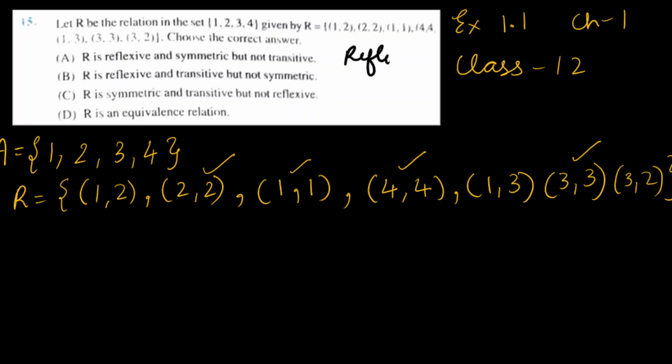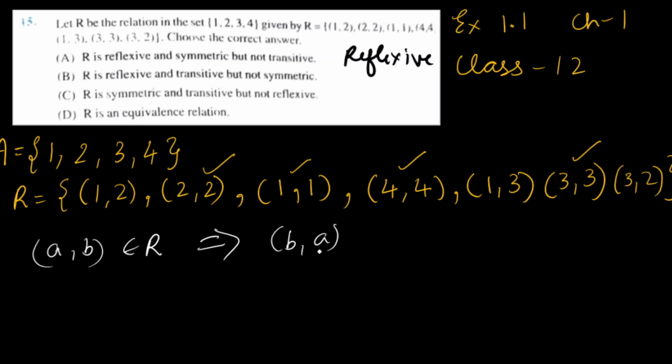Let's check now symmetric. For symmetric, we know if (a, b) belongs to R, it implies (b, a) should also belong to R. Let's check that. We have (1, 2), so we should have (2, 1) also present in the given relation. We can see we don't have (2, 1). This should be true for all the ordered pairs.